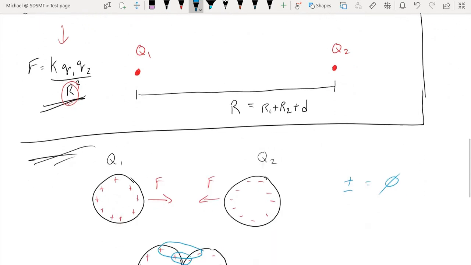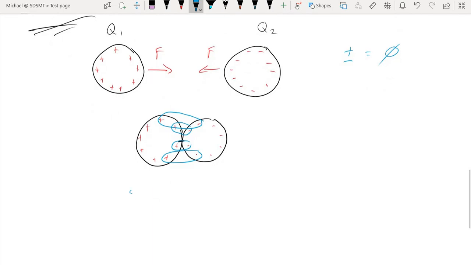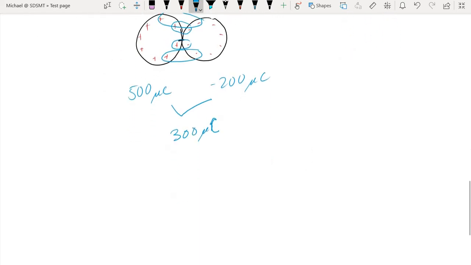Our 500 microcoulombs of positive charge and our 200 microcoulombs of negative charge will result in a final excess of positive 300 microcoulombs, which now has to be shared between the surfaces of the two spheres.